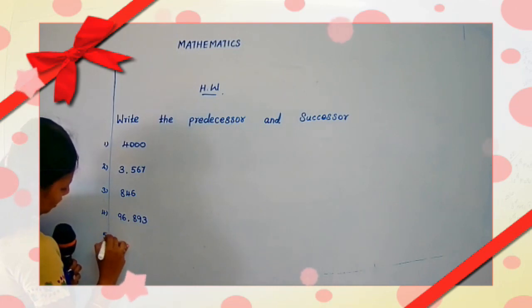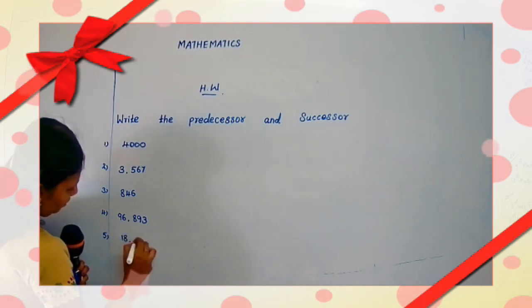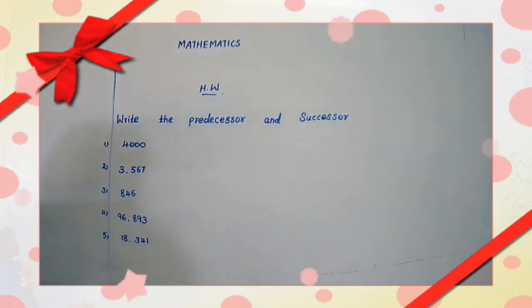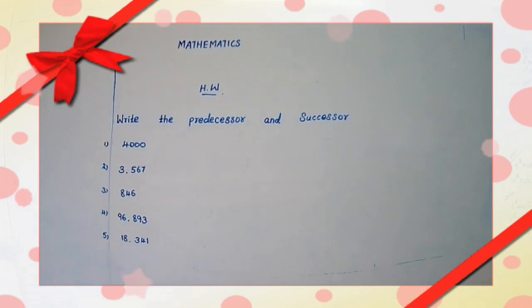And the fifth one, 18,341. Okay, ma, this is today homework. Write the predecessor and successor.